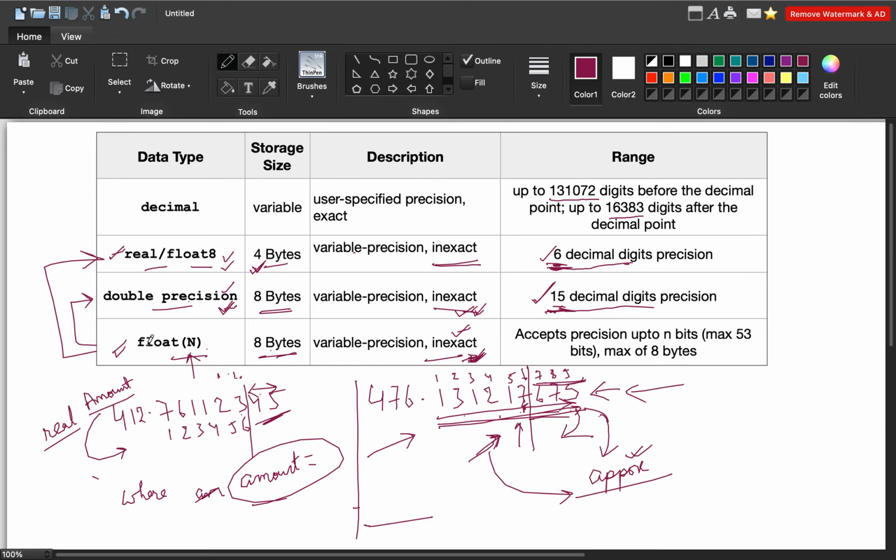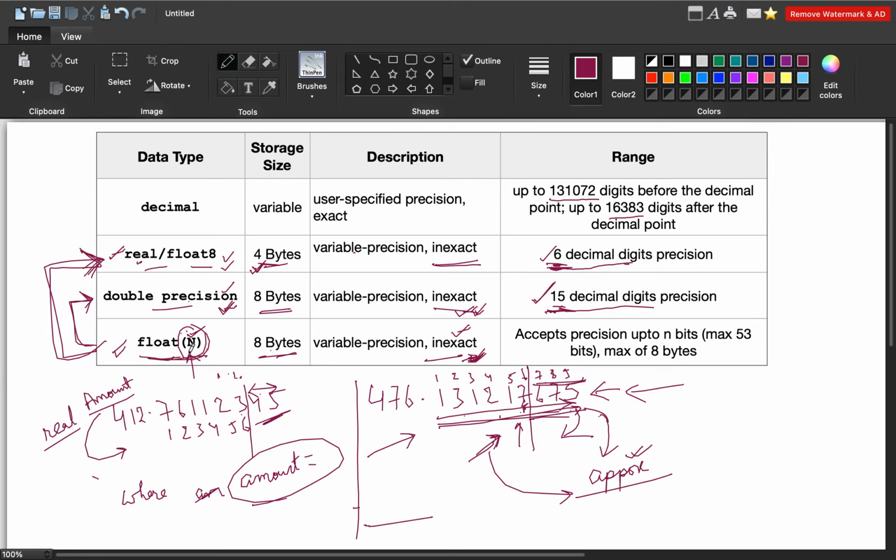For the time being, remember that float is always converted to real or to double precision. How does that conversion happen? We will talk about that in detail, but for the time being, if the float size, that is the n bits you have defined, falls into the range of 4 bytes, then the data type is converted to real.